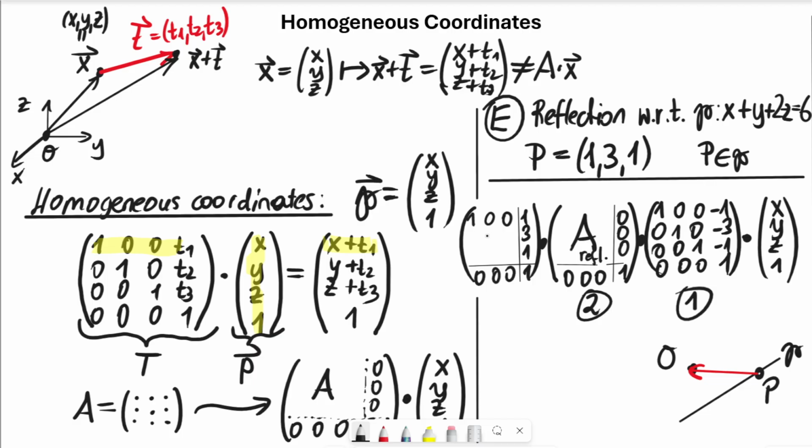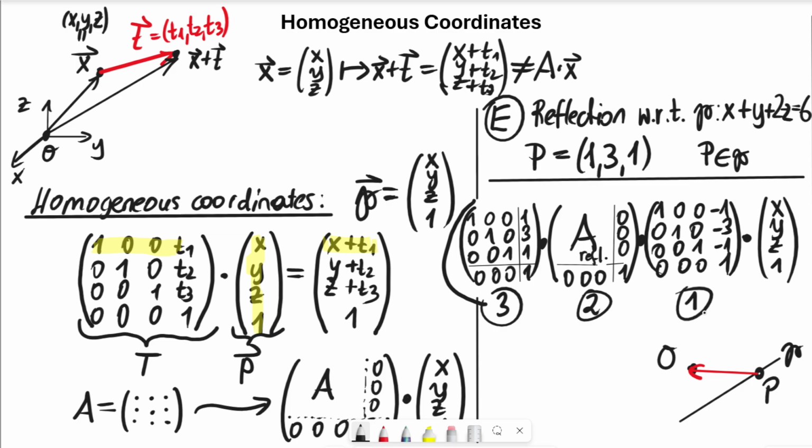And the rest is the identity matrix, because we don't change anything. So this is the third step: translate back. So the final result here is a multiplication of these 3 matrices. This gives you the full reflection across a plane not through the origin, implemented entirely as a linear transformation in homogeneous coordinates.